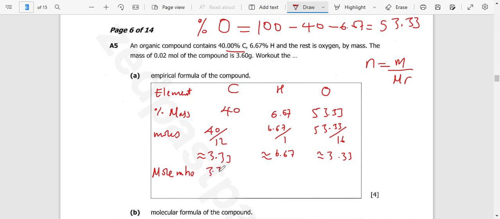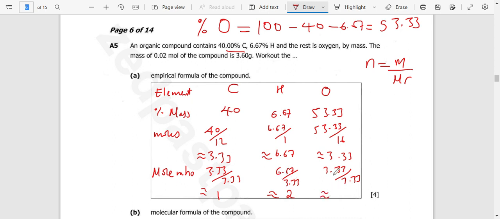So it will be 3.33 over 3.33, and then 6.67 over 3.33, and then 3.33 over 3.33. So this will give us a 1. This will give us approximately a 2. Please make sure that you round off to get a whole number.